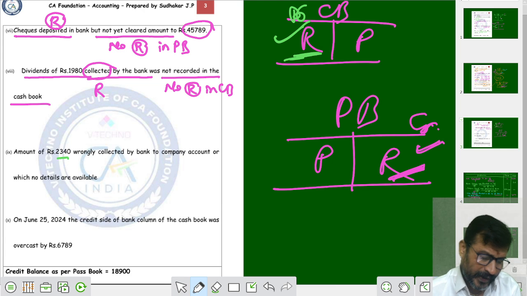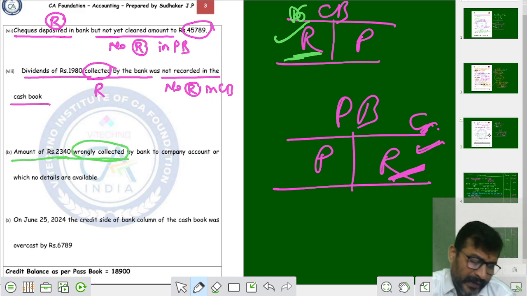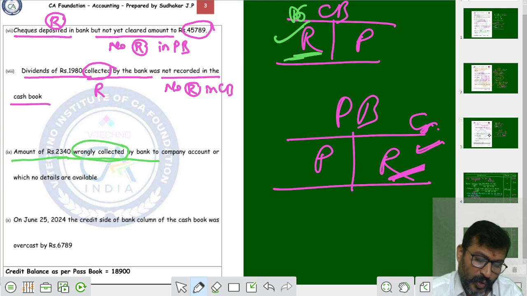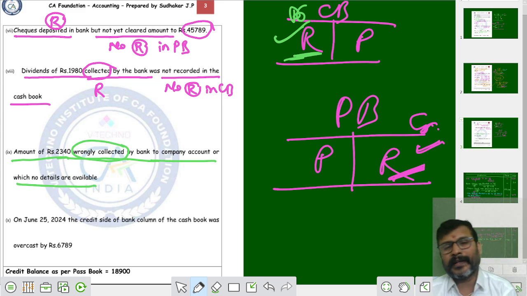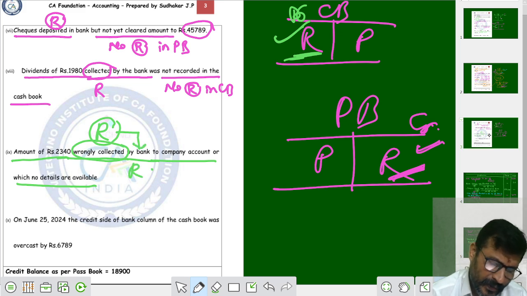An amount of rupees 2340 wrongly collected by the bank to company account, for which no details are available. Details are not at all available. See, wrongly collected means a receipt. Receipt in whom? By the banker. Receipt in which book?